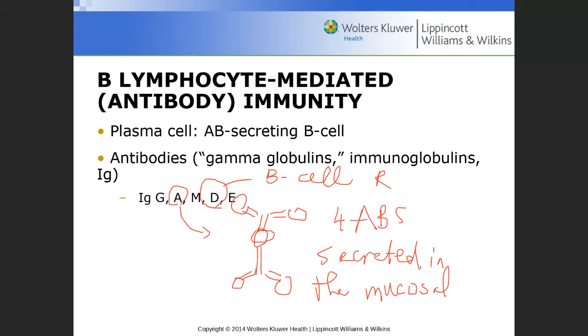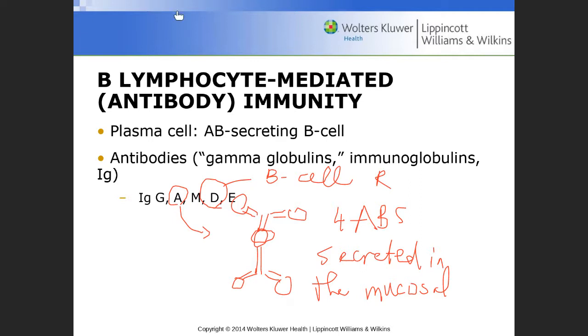So when the child suckles on the nipples, receiving the milk, the child is also getting protective immunity through IgA. Usually when your respiratory tract produces antibody, it is the IgA type. And in your gastrointestinal tract, if you get diarrhea, that kind of thing, IgA is being produced. Okay.